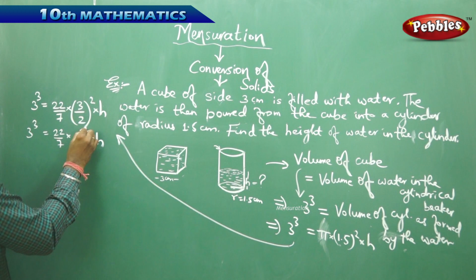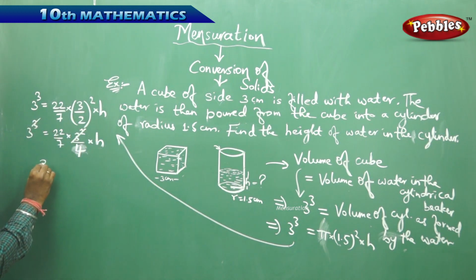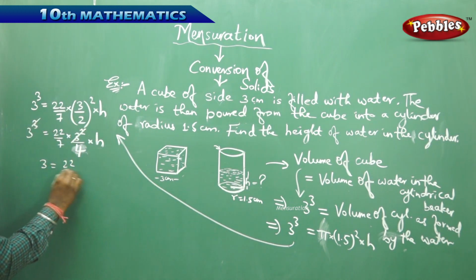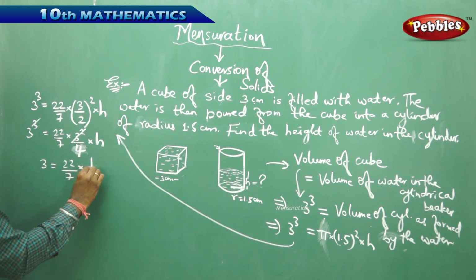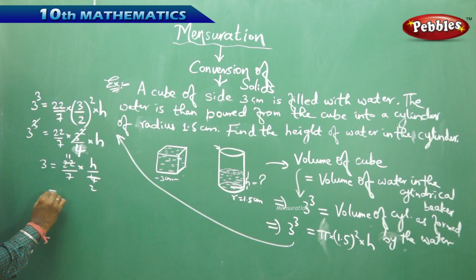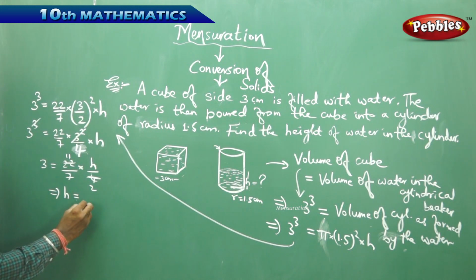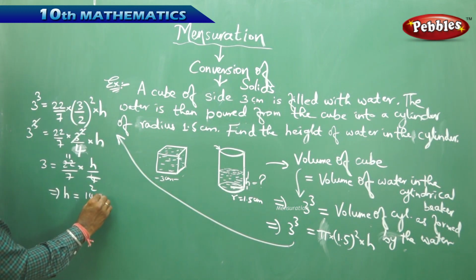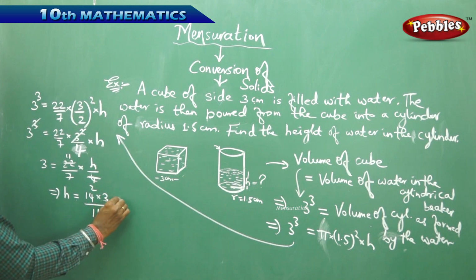This on further simplification cancels one of the 3, and I get 3 is 22 by 7 times h by 4, which on cross multiplication gives h equals 7 2's 14 times 3 over 11.